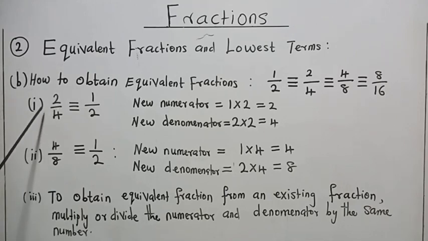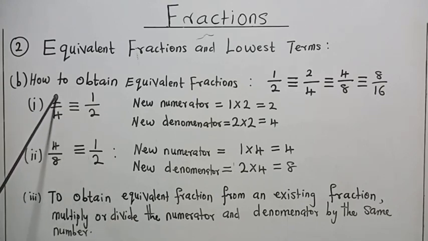If 2/4 is equivalent to 1/2, how does 2 turn to 1 and how does 4 turn to 2? That is, how can 2 become 1 and how can 4 become 2? In fact, that is where we talk about this division.